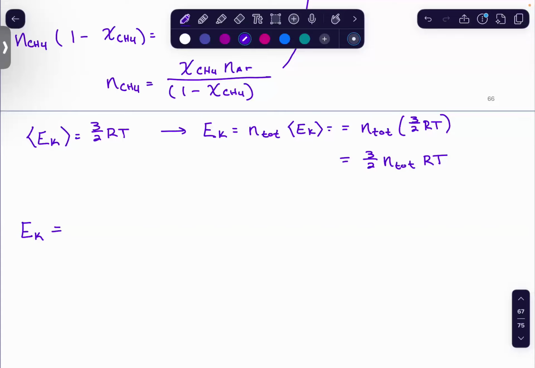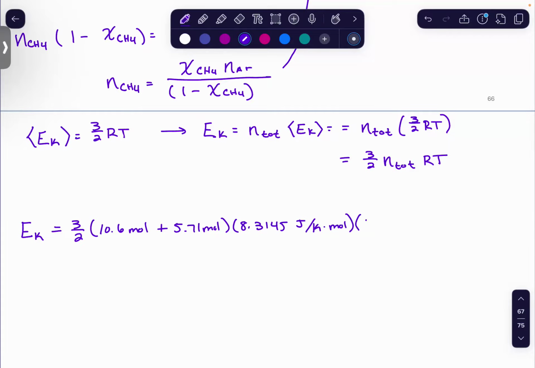Kinetic energy is going to be 3 halves. Total moles is 10.6 moles of methane plus 5.71 moles for argon. R is 8.3145 joules per Kelvin times mole.